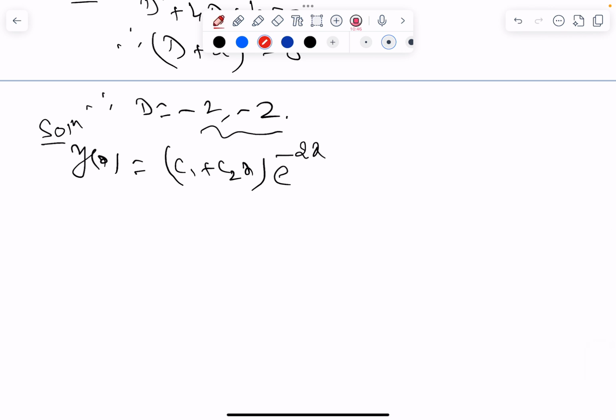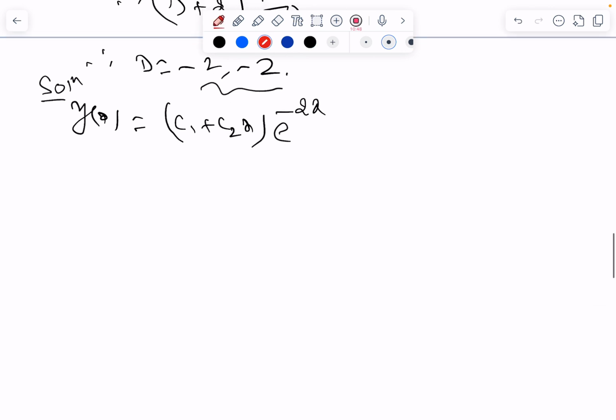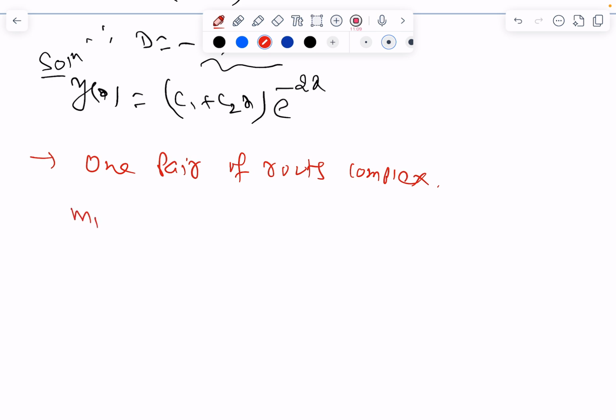You may also have one pair of complex roots. Suppose m1 equal to alpha plus i beta, m2 equal to alpha minus i beta, and then m3, m4.